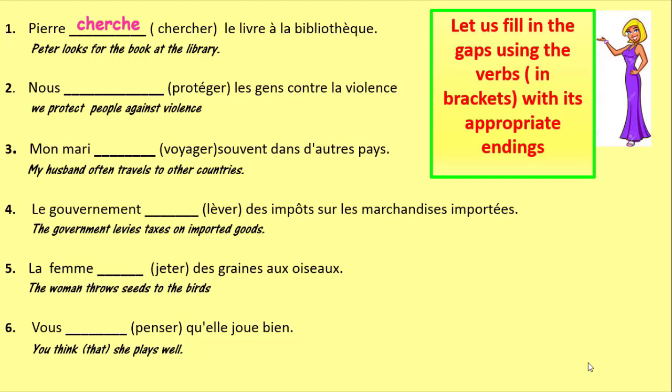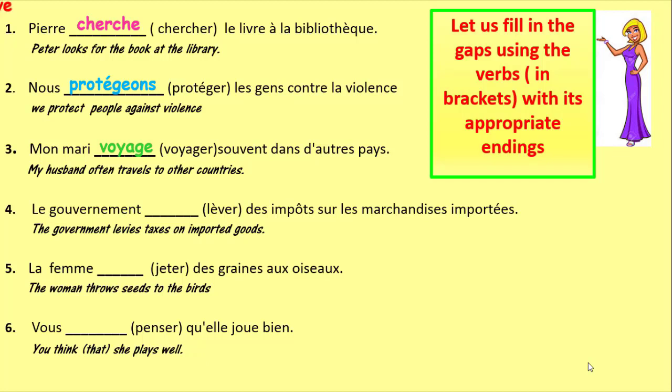Now let's check the answers. Numéro 2, number 2. Nous protégeons les gens contre la violence. Numéro 3, number 3. Mon mari voyage souvent dans d'autres pays. Numéro 4, number 4.